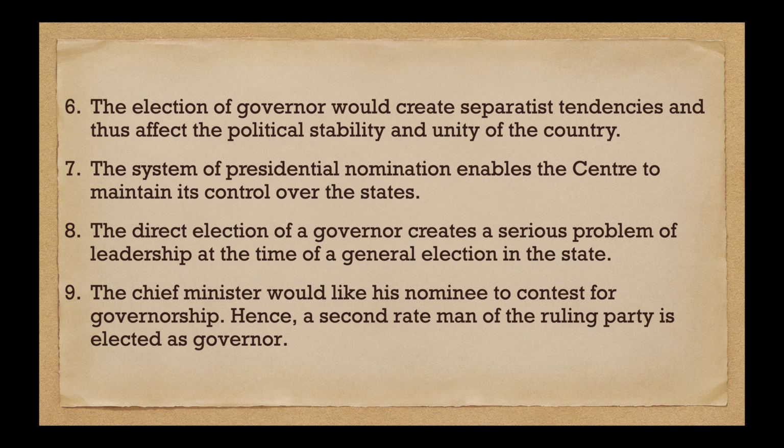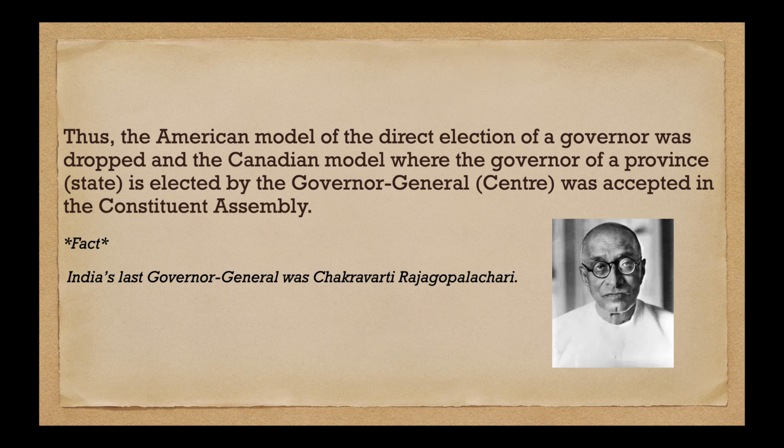The chief minister would like his nominee to contest for governorship. Hence, a second-rate man of the ruling party is elected as governor. Thus, the American model of the direct election of a governor was dropped, and the Canadian model, where the governor of a province or a state is elected by the governor general or center, was accepted in the Constituent Assembly. A fact: India's last governor general was Chakravarti Rajagopalachari.